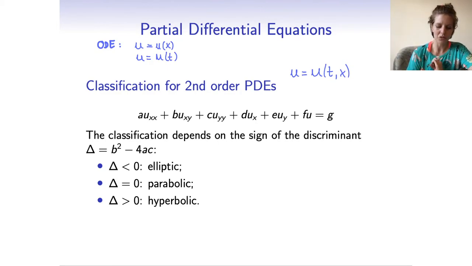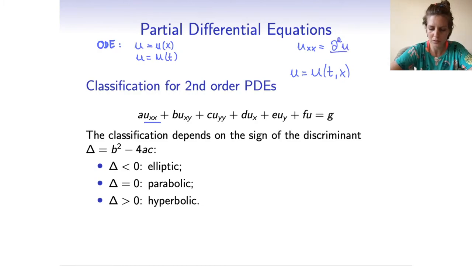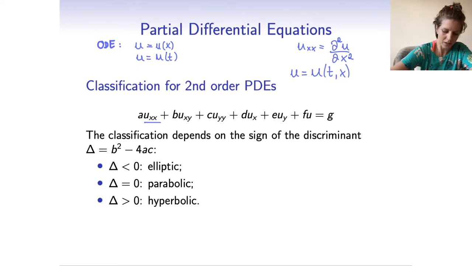This kind of equation has some classification. So this notation here, uxx, is simply the second derivative of u with respect to x, and here we are considering that our u is a function of y and x.